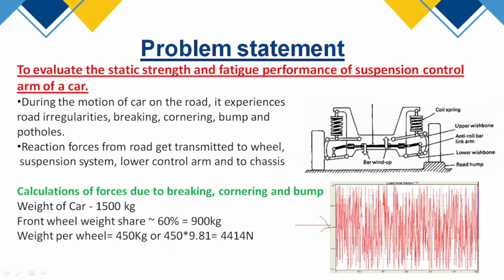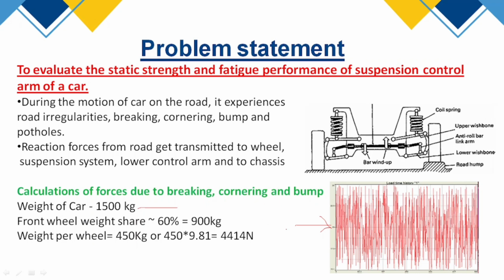So for our calculation, we have assumed that our car weight is 1500 kg. And 60% of the weight of the car is transferred to the front side, because of the presence of the engine and other things.